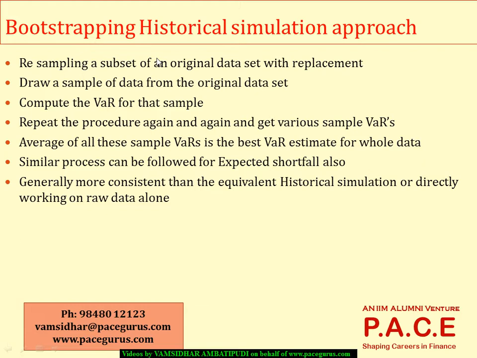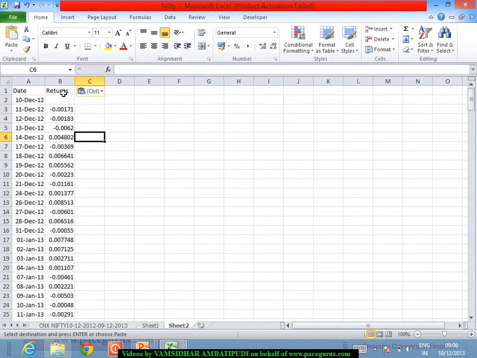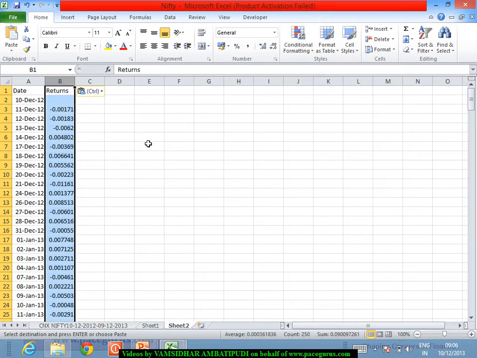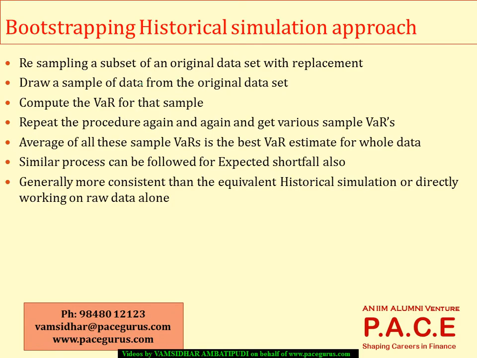When I am looking at the bootstrapping, from that list of possible values, on a random basis I will pull out some number of elements. So I am drawing a sample of data from the original data set and computing the VaR for that sample.